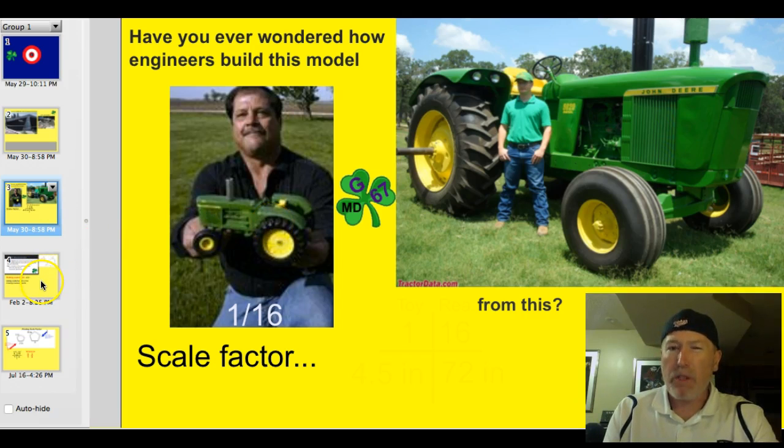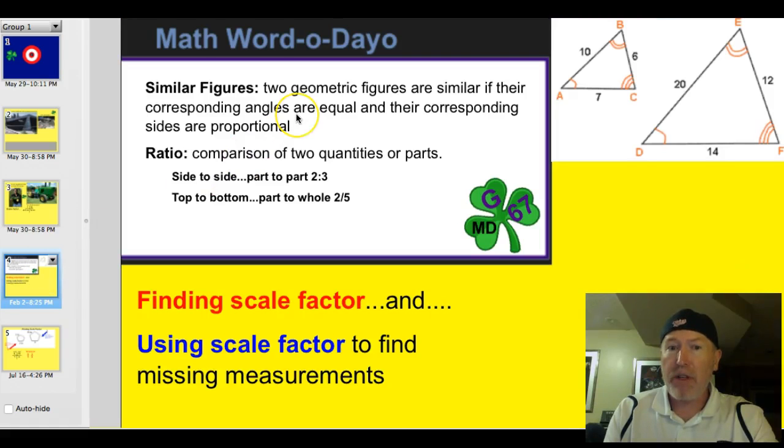Let's learn a little more about scale factor when we talk about similar figures. Similar figures and ratios, these are two important words you have to understand in order to understand what we're going to be doing tonight, finding scale factor. Similar figures are any two geometric figures that have corresponding angles that are equal.